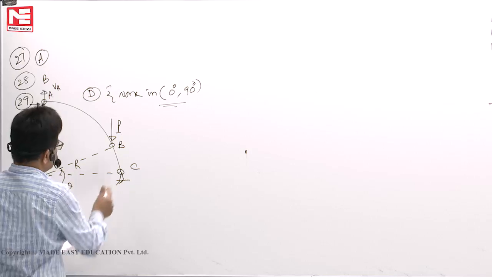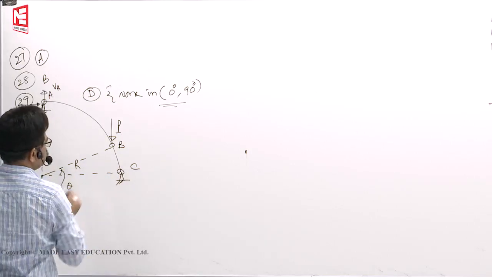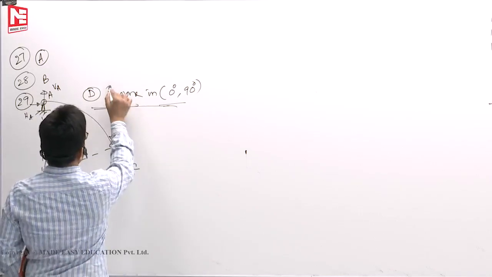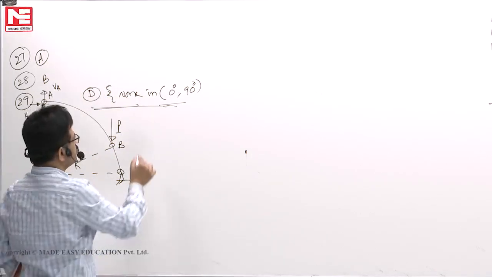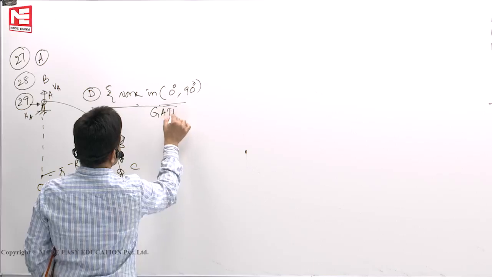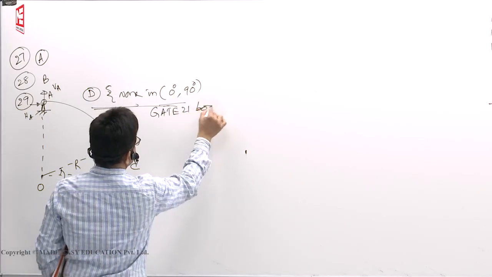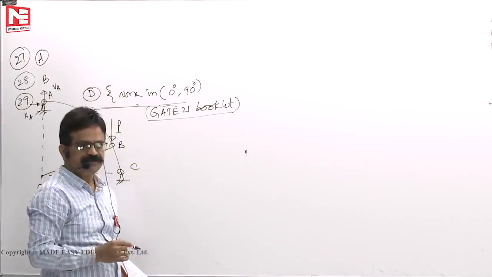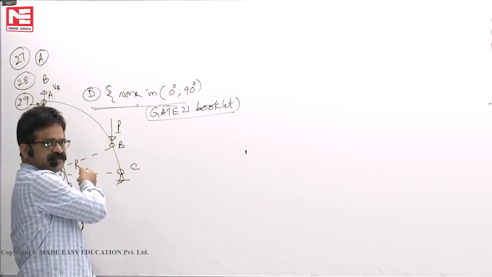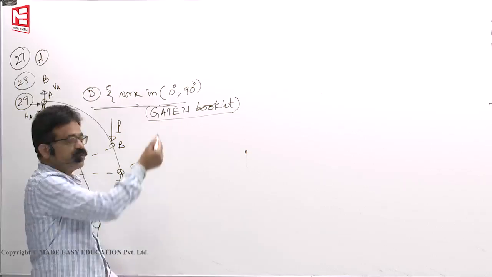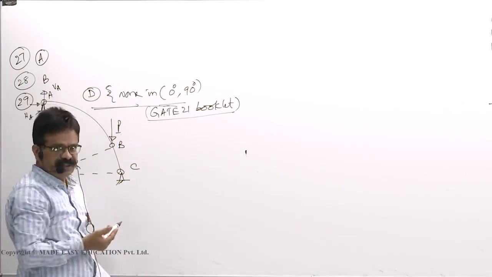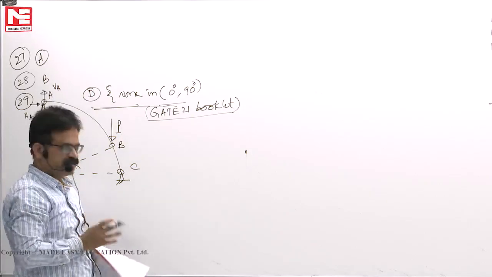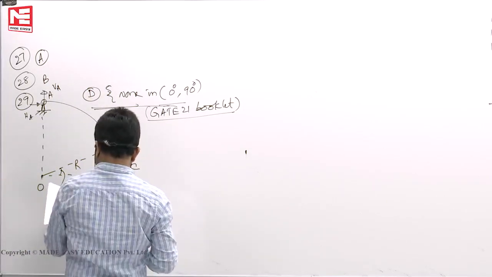You take moments of all forces about C equal to 0. Okay. So this explanation is already given in the GATE 2021 booklet. Already it was solved. Find the reactions, then find what should be the theta to get VA and HA to be equal. Then theta will not be in the 0 to 90 degrees range. Okay. Then 30.